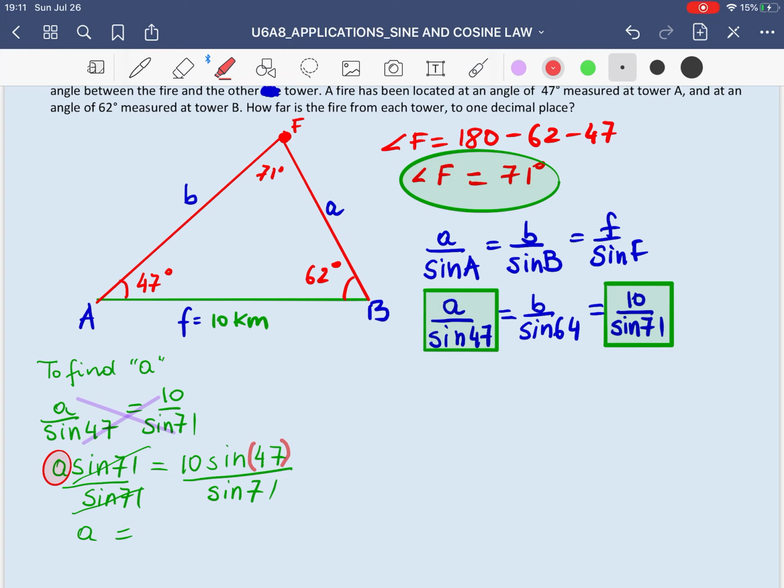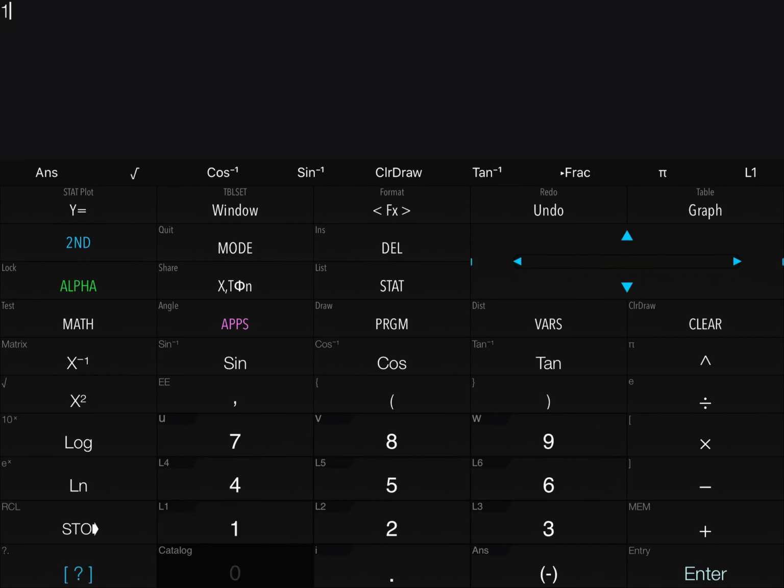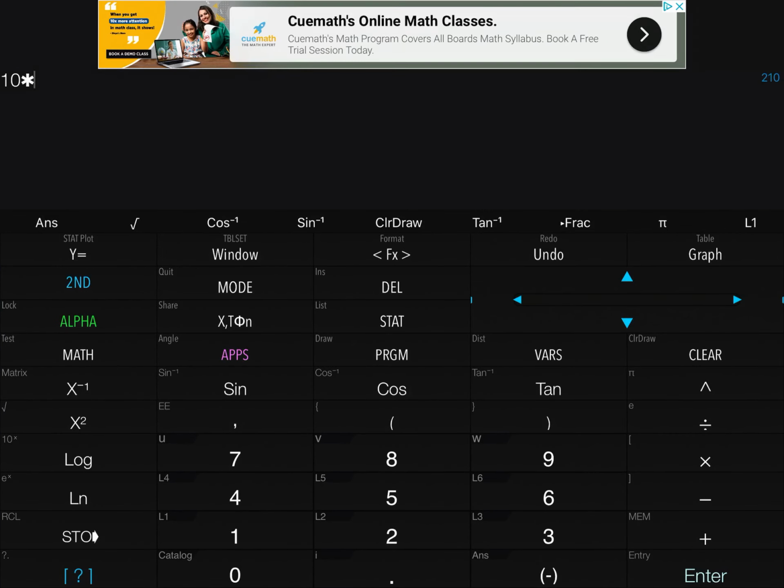I will show you how I do it on my calculator. So 10 sine 47 over sine 71. 10 times sine 47. Remember, here you have to close the brackets, because if you don't, then whatever you input in there will count as the angle whose sine ratio we're trying to find, all right?